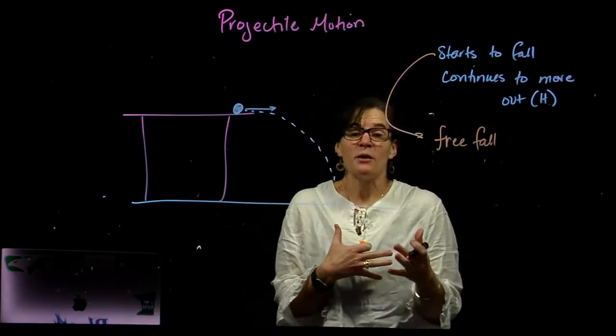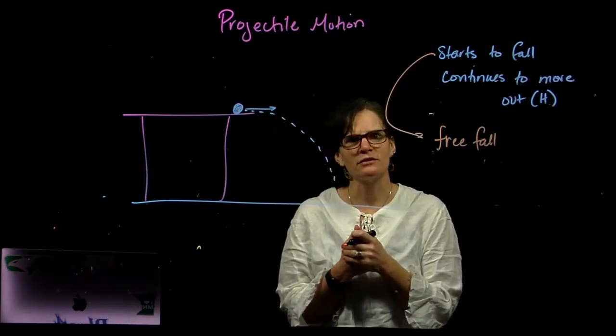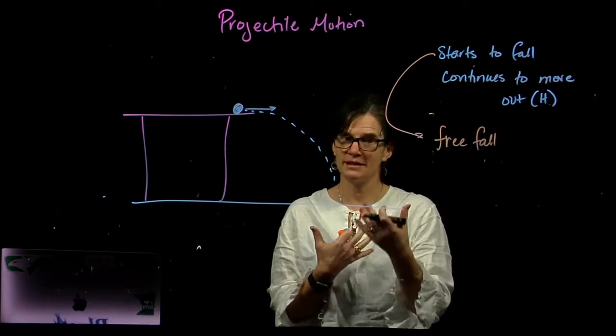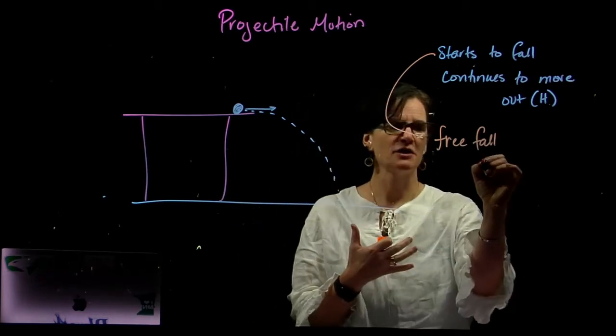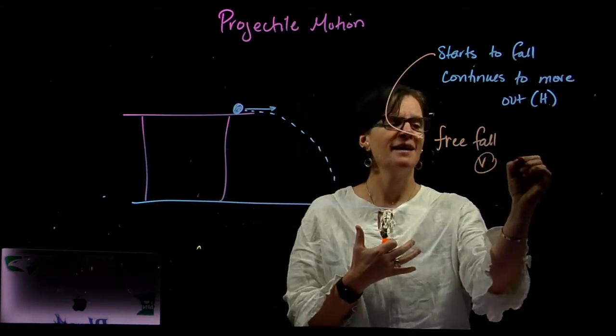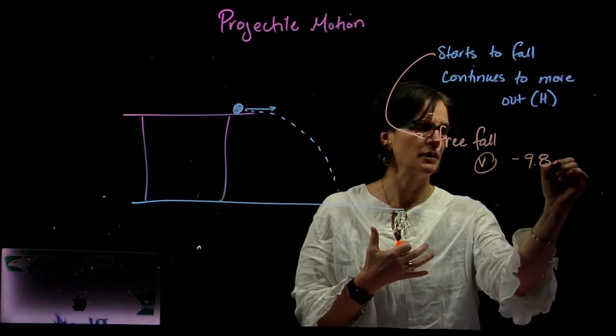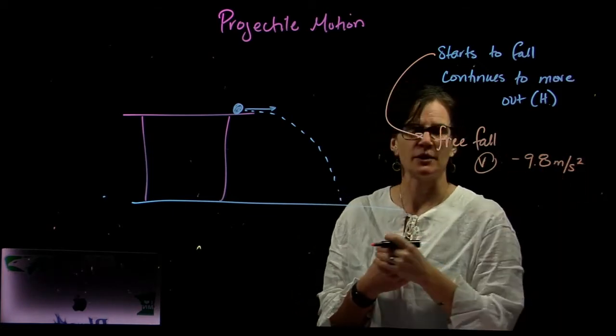If we think about what free fall was from our previous experiences, free fall causes an object to accelerate, and that acceleration was in the vertical direction at a constant negative 9.8 meters per second squared.